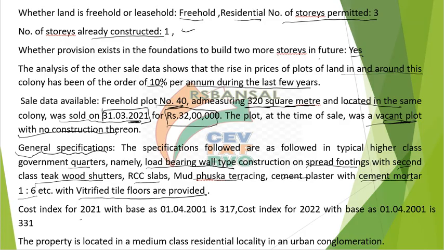Cost index for 2021 with base as on 1st April 2001 is 317 and for 2022 it is 331. The property is located in a medium class residential colony in an urban conglomeration.